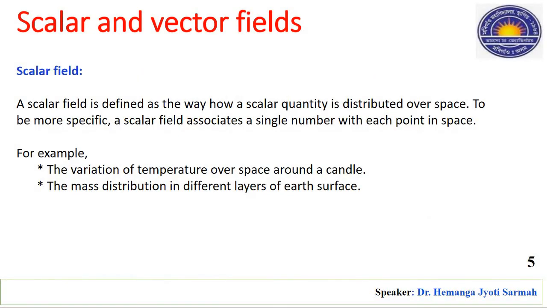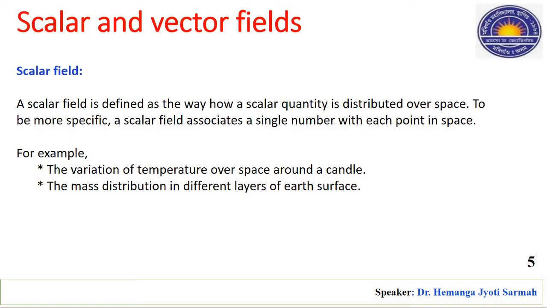So let's have a basic definition. The scalar field is defined as the way a scalar quantity is distributed over space. To be more specific, a scalar field associates a single number to each point in space. For example, the variation of temperature over the space around a candle.